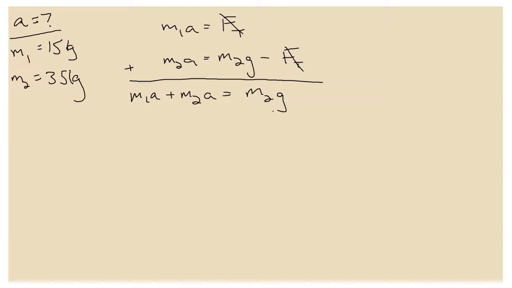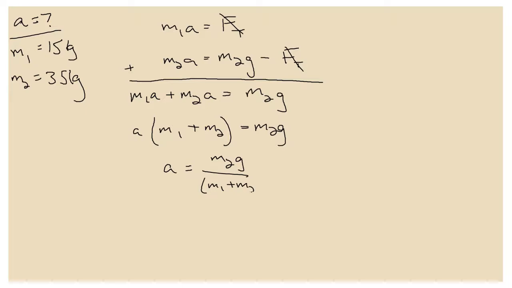On the left-hand side, I already have both terms that have the acceleration in them together, so all I need to do is factor out the A. So I have A times M1 plus M2 equals M2G. When I solve this for A, all I have to do is divide both sides by the sum of the masses, so I get A equals M2G over M1 plus M2. And that's it for the acceleration equation for the system.